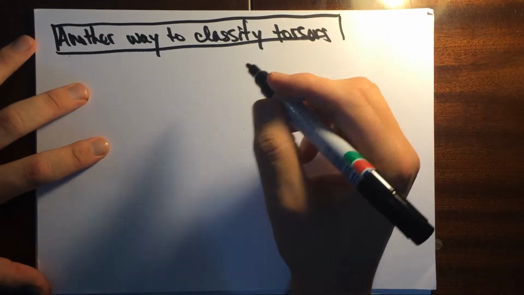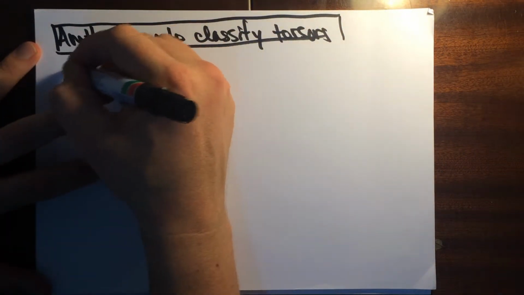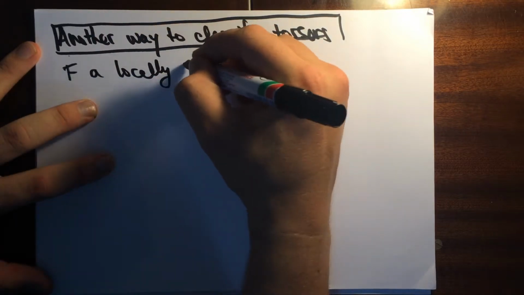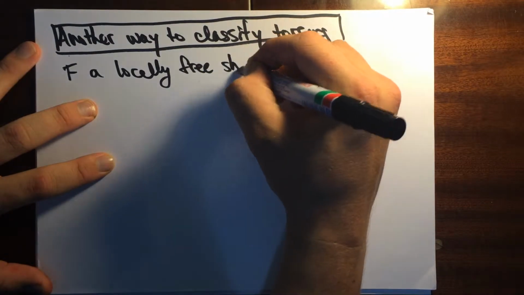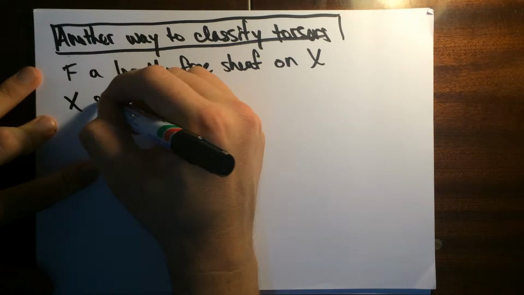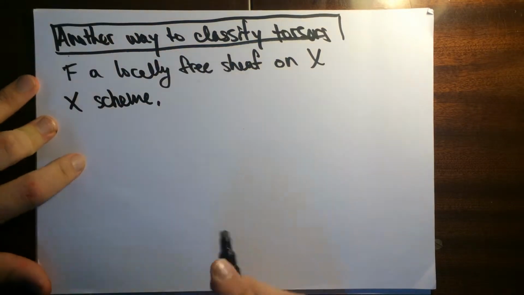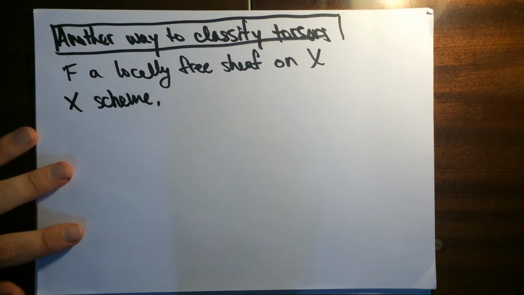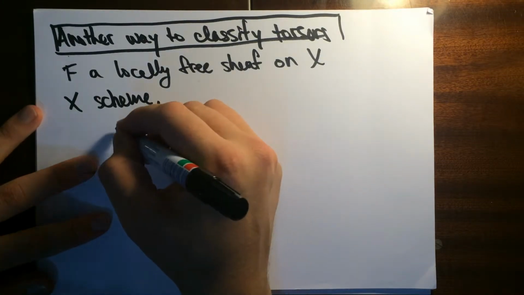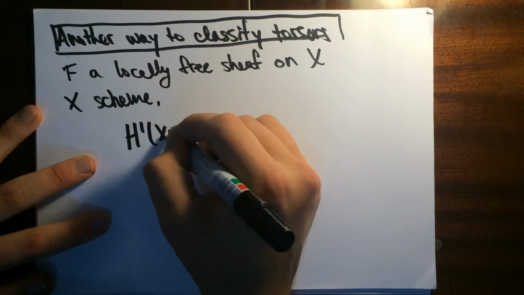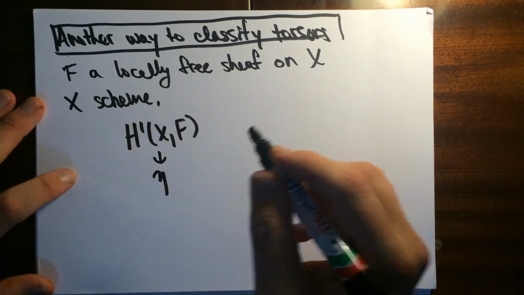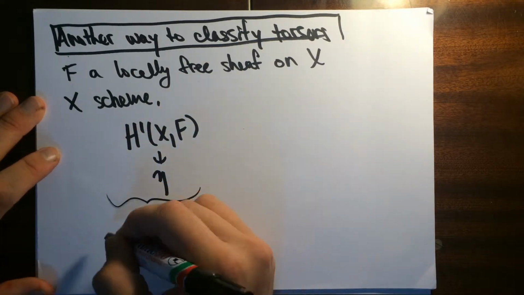The simple way, the standard way is, so let's let F be a locally free sheaf on X, where X is going to be a scheme. And the usual way is that here we'll take this. This is the standard way.